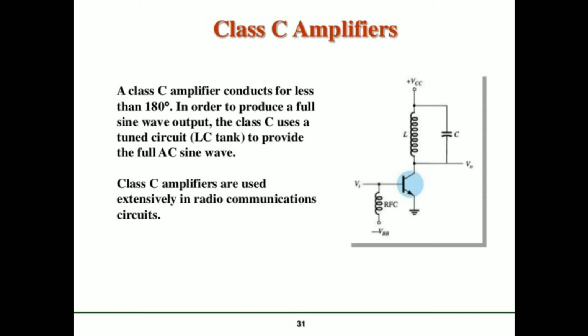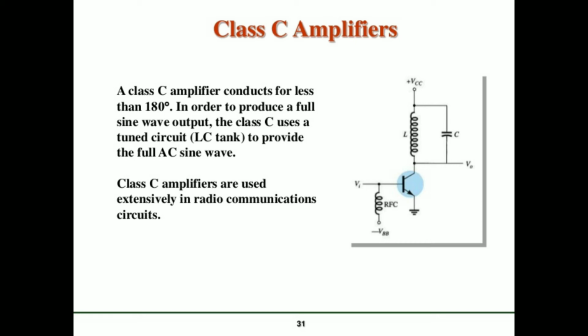Now we will discuss class C amplifier. In this amplifier, it conducts less than 180 degree. In class B it was conducting for 180 degree. Class C will conduct for less than 180 degree of the cycle.